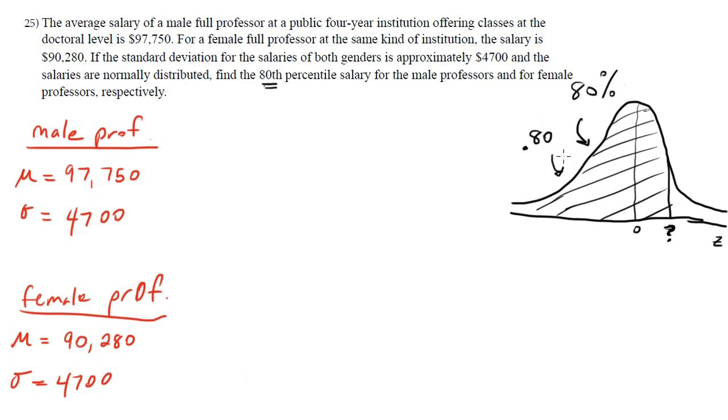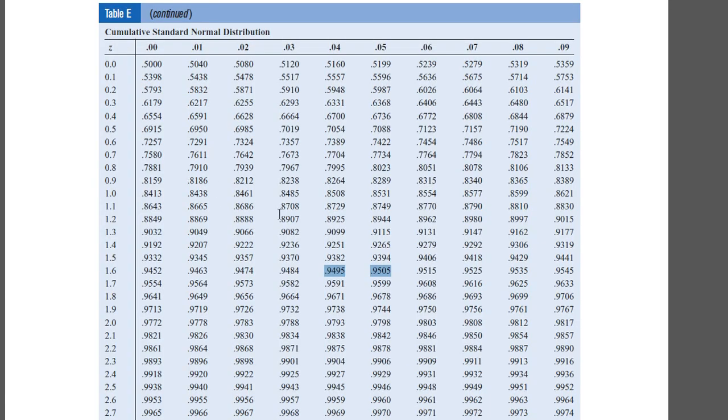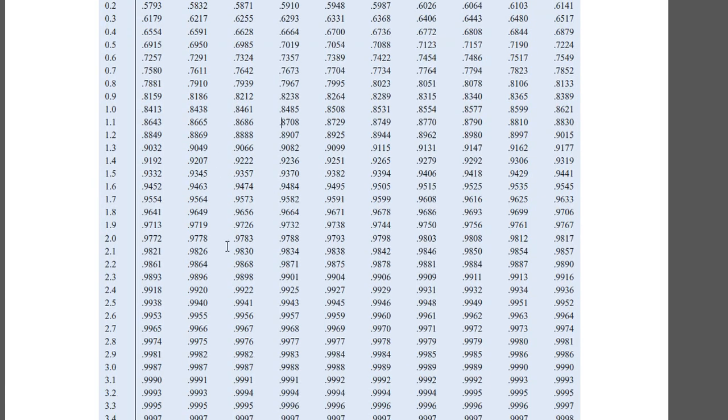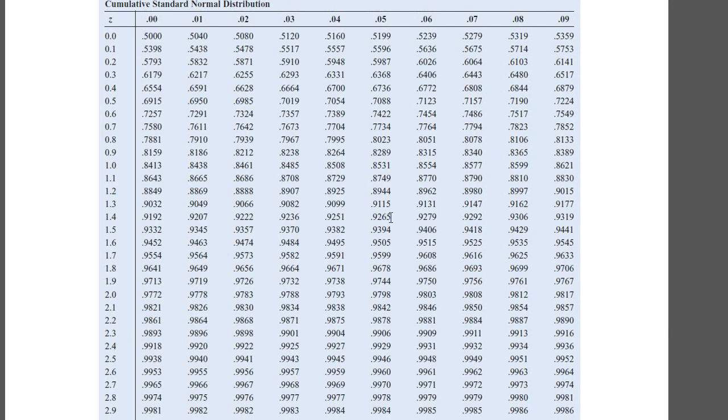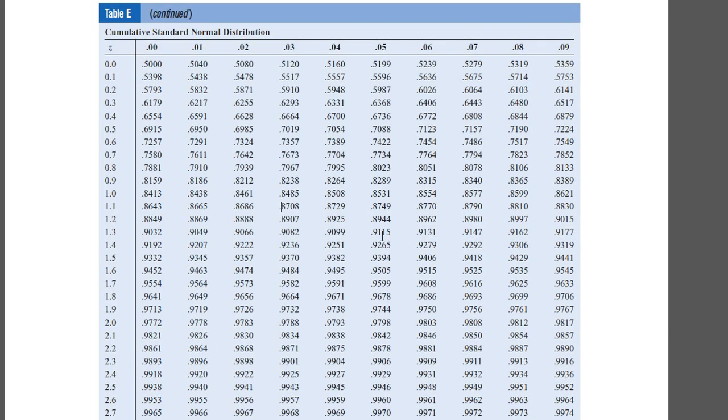So I'm going to go to my table and look in the body of the table, find as close to 0.80 as I can get, and determine the Z value that gives that. So here's the table. We're looking for 0.80, as close as we can get. Looks like somewhere around here.